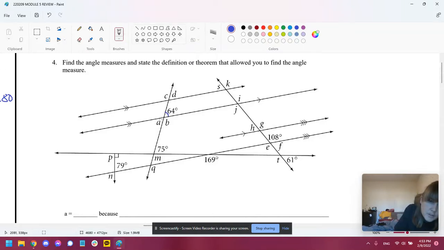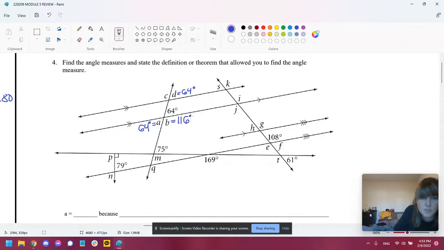All right. A is across from 64, which means it's vertical with 64, which means that it's 64. Great. D is corresponding with 64. It's in the same spot, just up a level. So it's also 64. B is right next to 64, which means 180 minus 64 equals B. 180 minus 64 is 116.